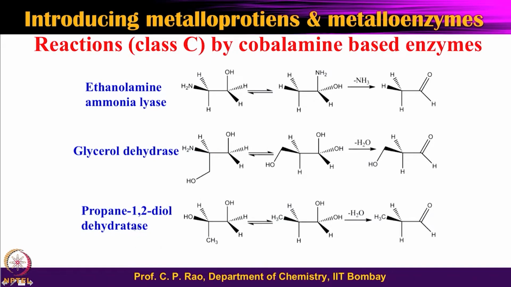Another example, propane 1,2-diol dehydratase, again will go to the aldehyde. So, these kinds of reactions are type C, and in this case it is the amine which you have. Therefore, it is the NH2 plus H, that is, ammonia is lost, so either the ammonia loss or the water loss, any of these things will happen.